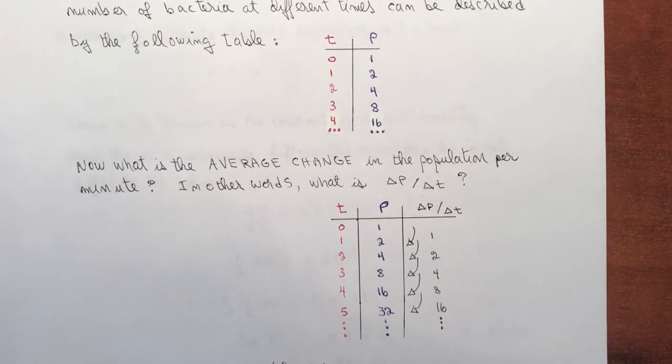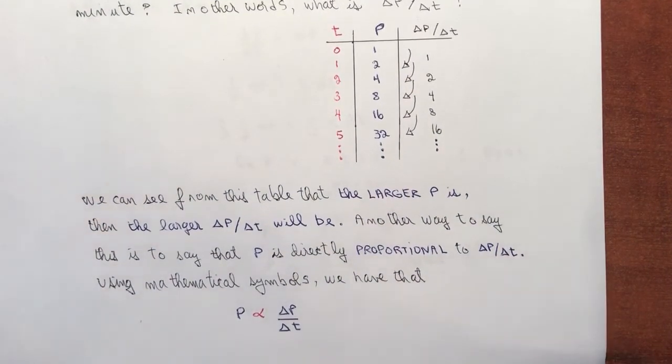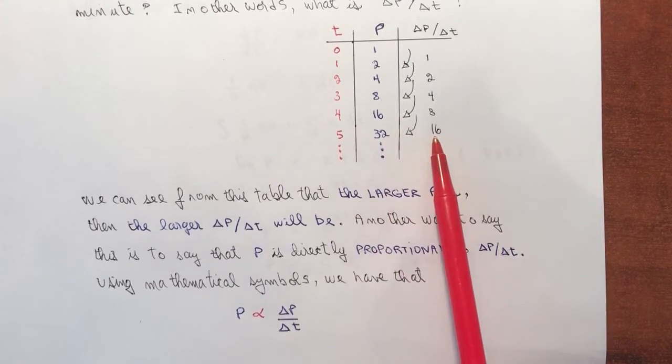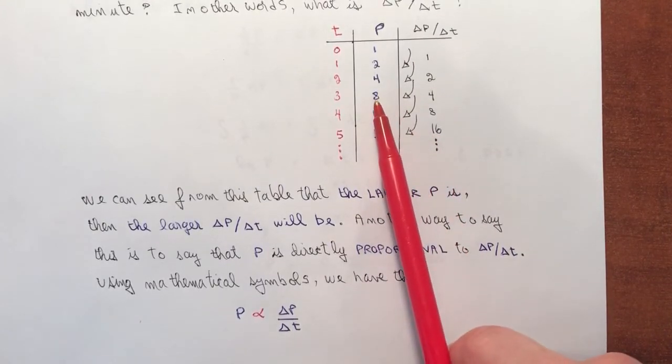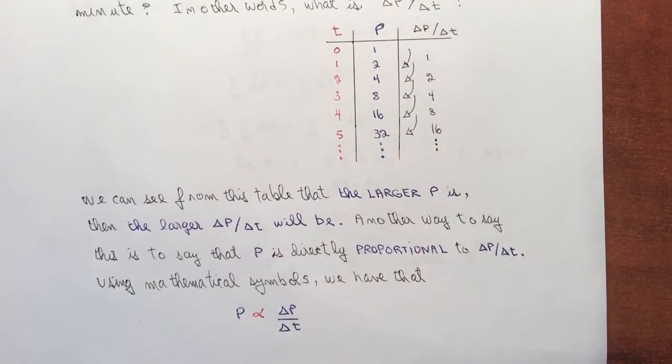And out of this comes the crucial information that the larger p is, the larger delta p over delta t will be. For a p of 32, delta p over delta t is 16. Bigger than, for example, if p is 8, then the delta p over delta t is 4.